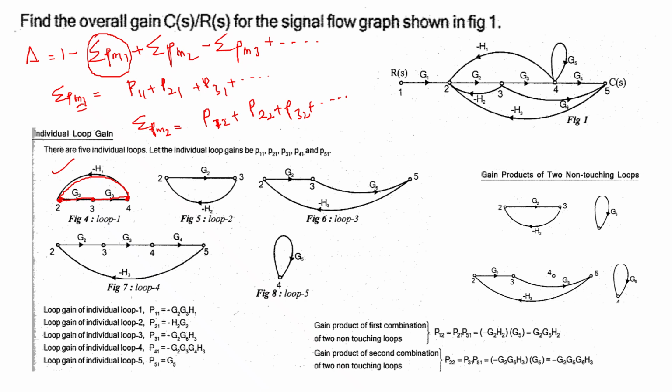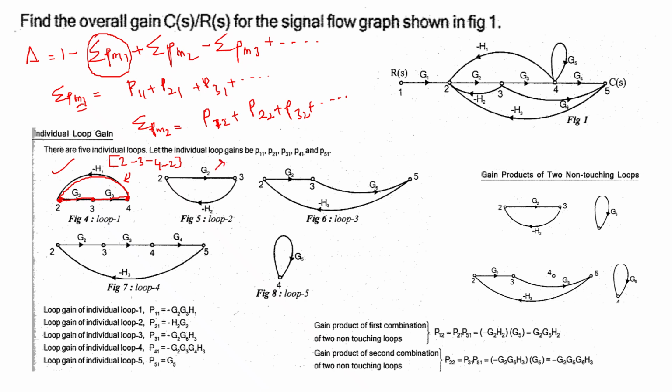So we will consider the individual loop gains. If you analyze the given signal flow graph, we can find 5 individual loops available. The node path is 2 to 3 to 4 back to 2 for this loop.